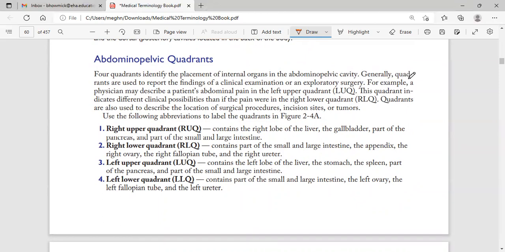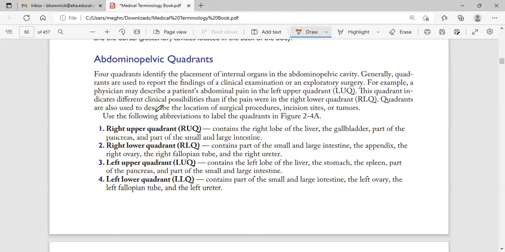And generally, quadrants are used to report the findings of a clinical examination or an exploratory surgery. For example, a physician may describe a patient's abdominal pain in the left upper quadrant, and this quadrant indicates different clinical possibilities than if the pain were in the right lower quadrant.